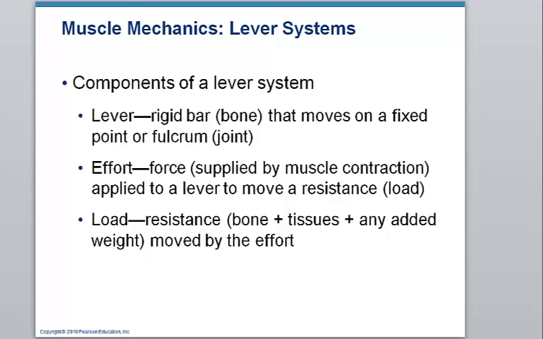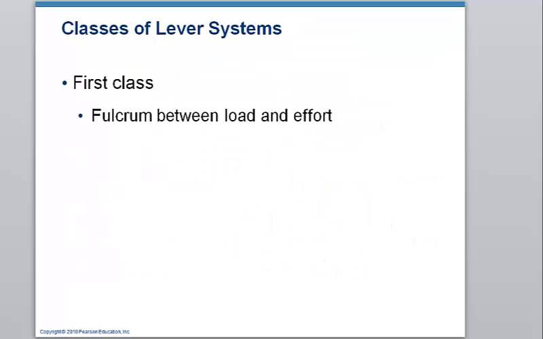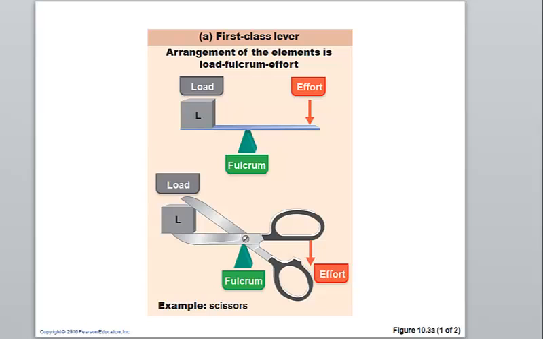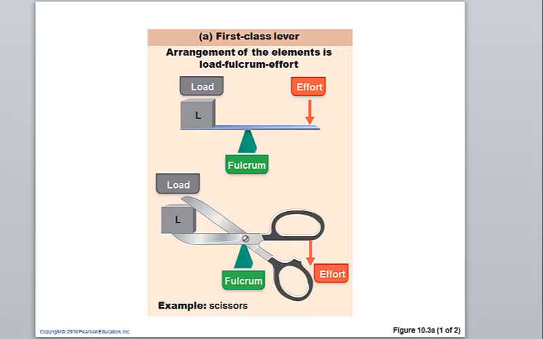Now let's look at all the different types of lever systems that we have. We have the first class lever system, and then the second class lever system and the third class lever system. For you to move a load, you need all these three: a load, fulcrum, effort. In the first class lever system, the fulcrum is in the center like this. The load and the effort are at the corners.